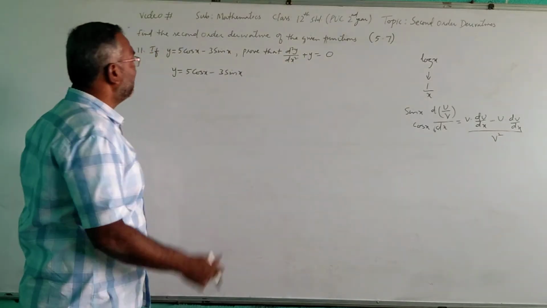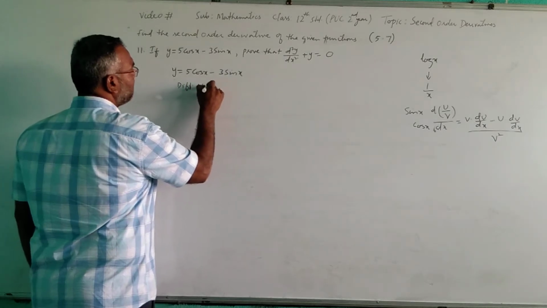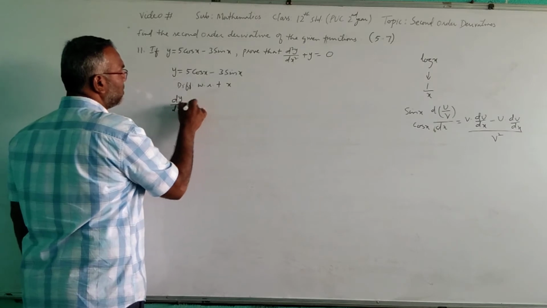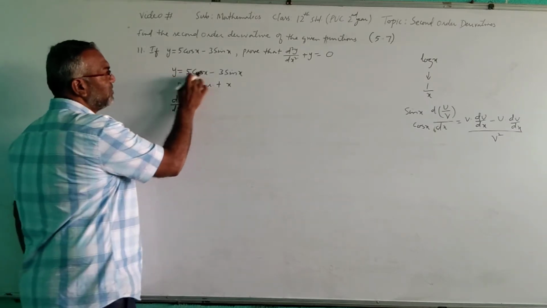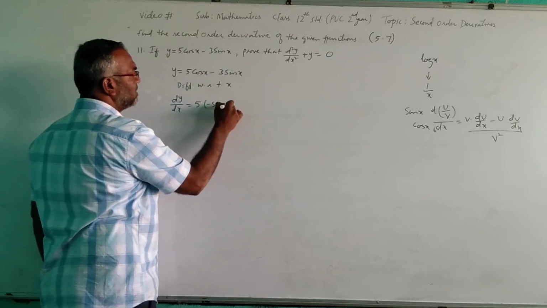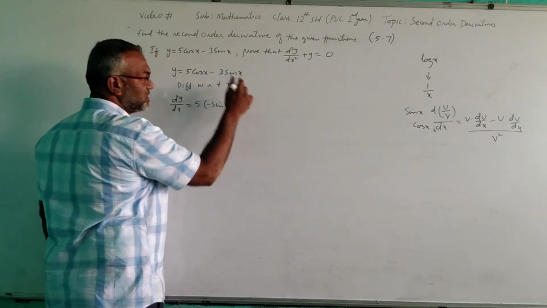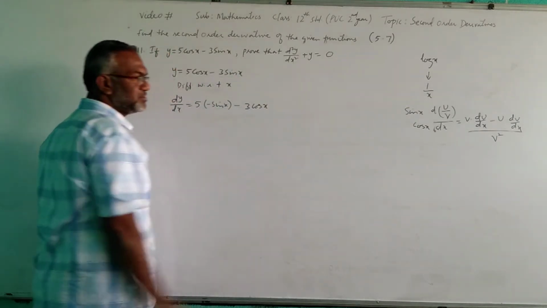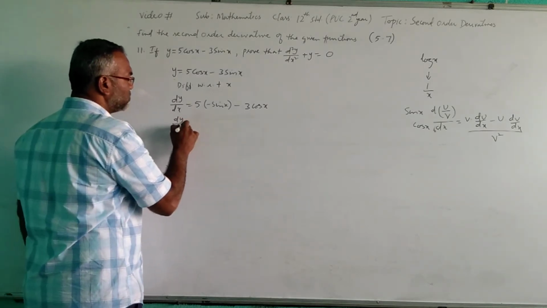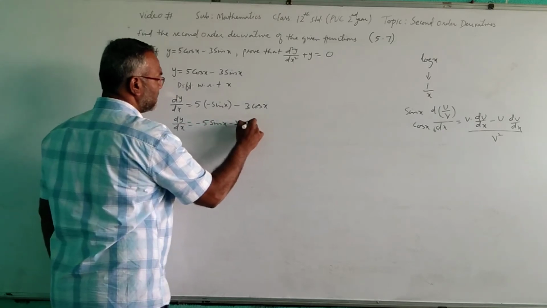So first find the first order derivative, that is differentiate with respect to x. dy by dx will be equal to: 5 constant as it is, differentiation of cos x is minus sin x. Minus 3 constant as it is, differentiation of sin x is cos x. So we got dy by dx is equal to minus 5 sin x minus 3 cos x.